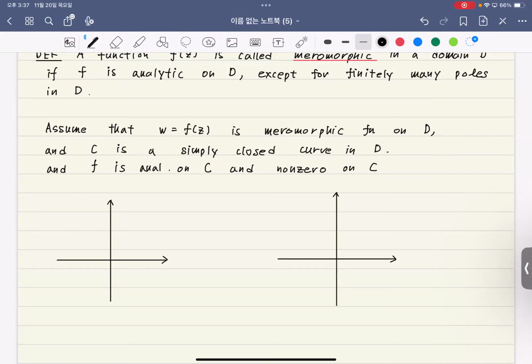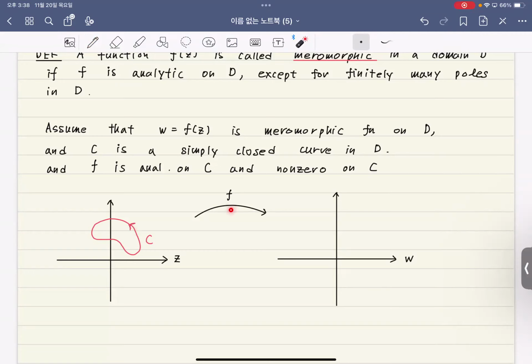For convenience, this complex plane has a z coordinate, and this one has a w coordinate, and the function f is a map from this space to that space. And I have a simply closed curve that looks like this. This is C, which is also positively oriented.